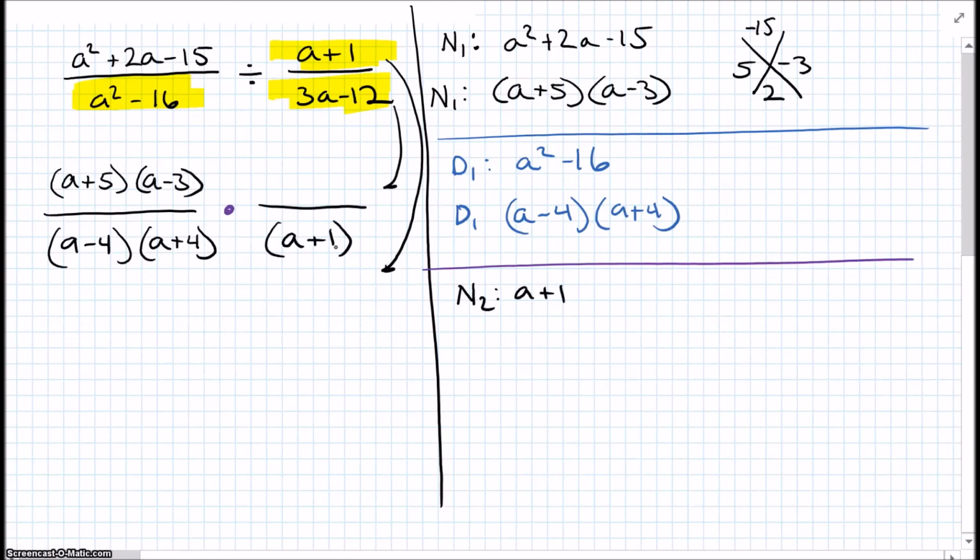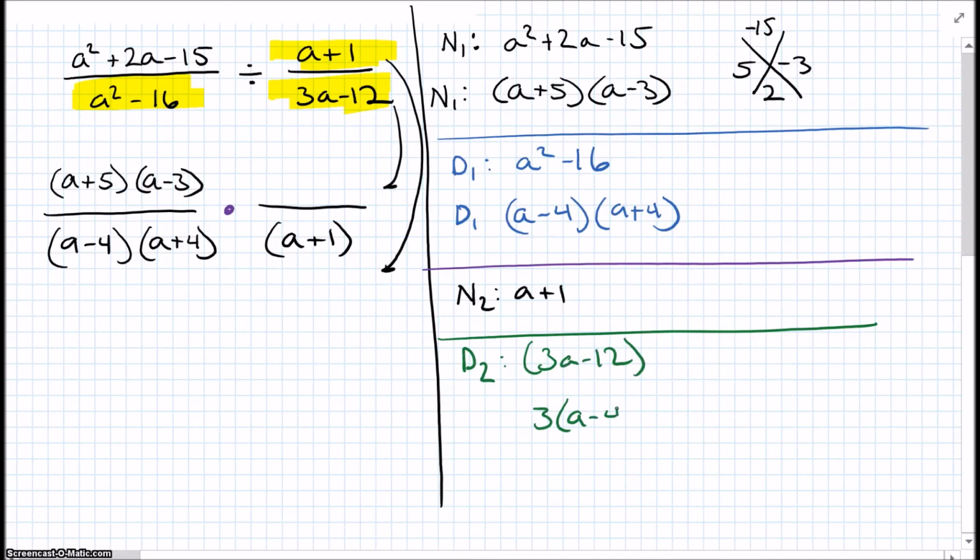Okay, and the last term we've got to work on is denominator 2, and it is 3a minus 12. So I can factor out a 3 and make that a minus 4. So we're going to put that up here as 3 times (a minus 4). So again, what terms cannot have zeros? Those right there.